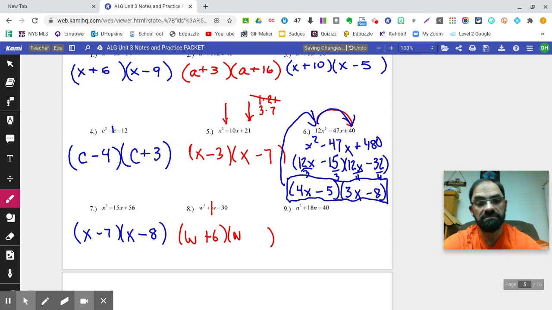It's thinking. There it is. So 6 minus 5 is 1. 6 times negative 5 is negative 30.